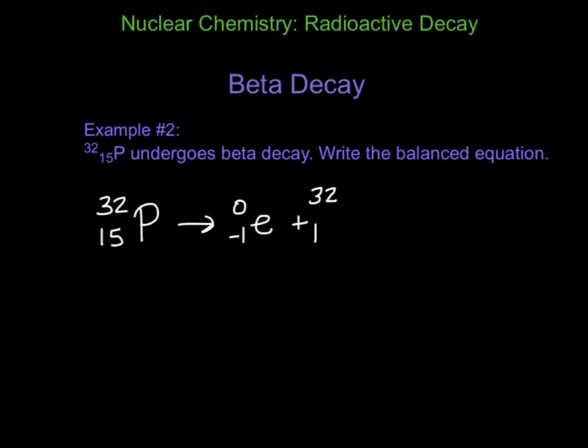So my atomic number for this element actually needs to be 16, because 16 minus 1 is 15. So when I look at my periodic table, the element with the atomic number of 16 is sulfur. So my daughter nucleus, my daughter element, is going to be sulfur 32.